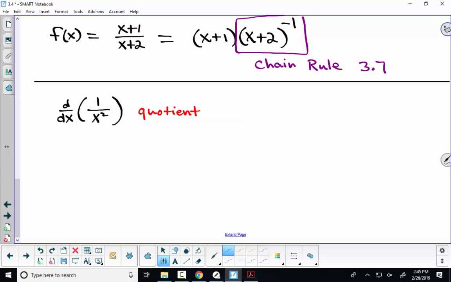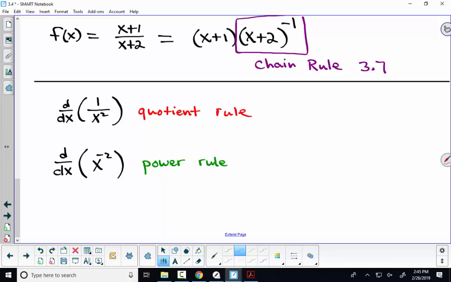Or we could say that algebraically, I know 1 over x squared is equivalent to x to the negative 2, and I could just use the power rule here. So once we start expanding our derivative formula, there are multiple ways to look at certain kinds of functions.